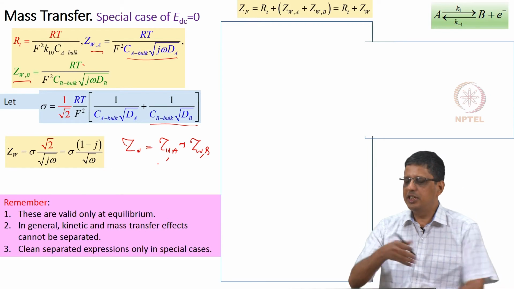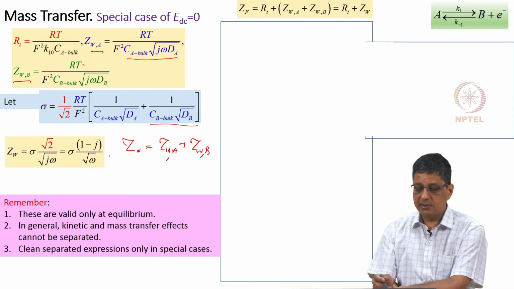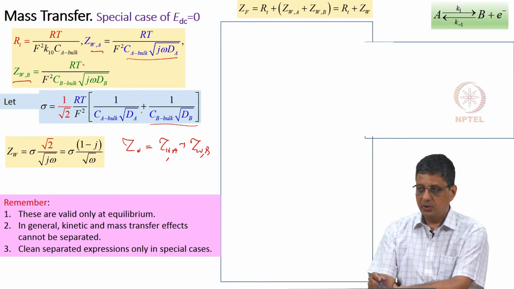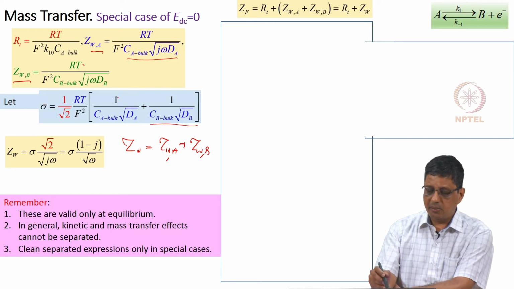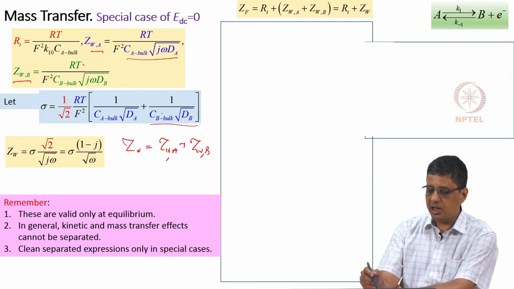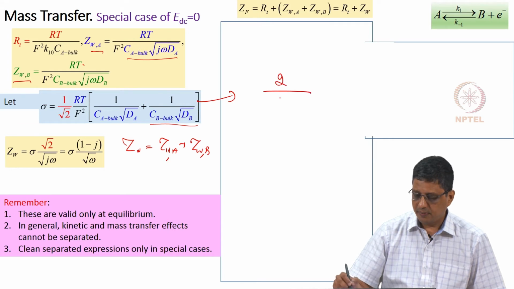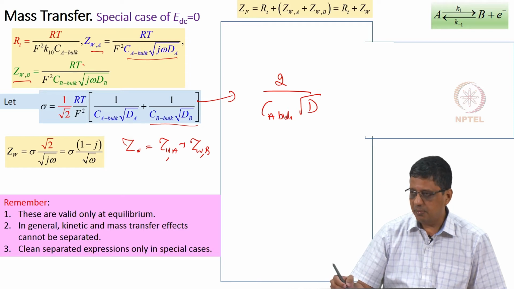Many times diffusivities are not very different, people would write D_A equal to D_B, and it becomes a lot simpler. If C_A bulk and C_B bulk are equal and D_A and D_B are equal, you are going to just write this expression with the diffusivity, which is A or B, it does not matter.